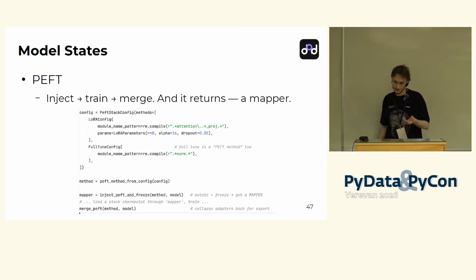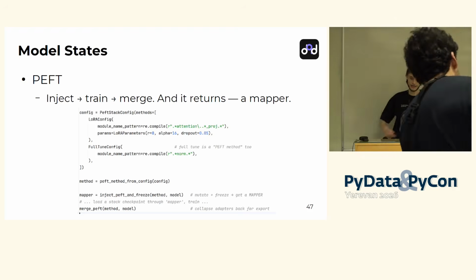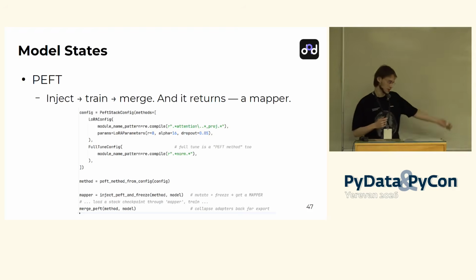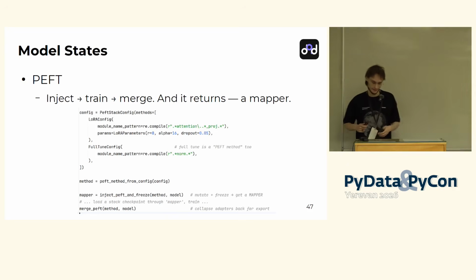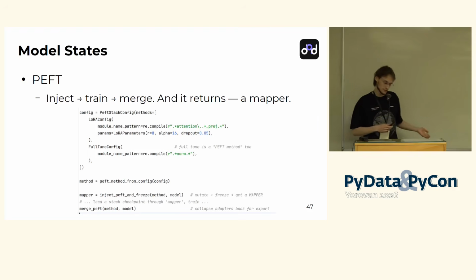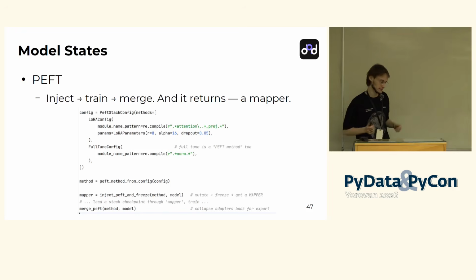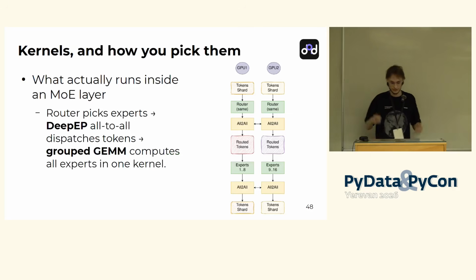It's also a case where we can create a model state mapper. We can use it to load the stock model checkpoint on the fly into a new, changed model. And we can also use model state mapping for merging LoRA adapters into base weights and renaming attention.base to just attention, for instance.